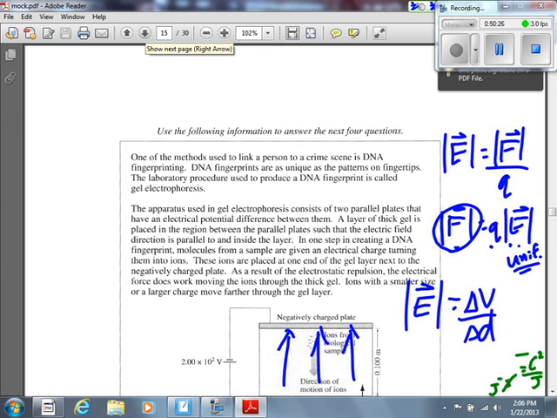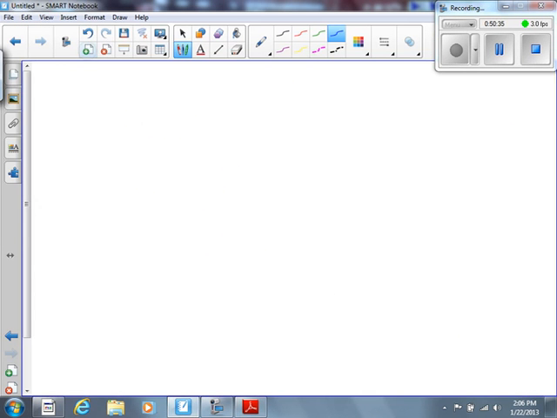In forming a DNA fingerprint, a particular ion is moved 3 centimeters. The magnitude of the charge is this value. What's the work done? I'll tell you what, work to me is F times d.